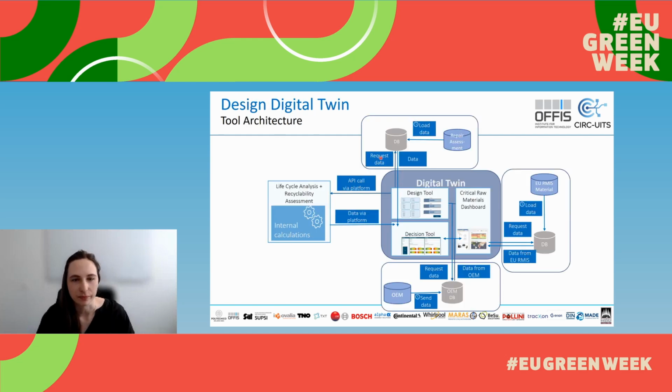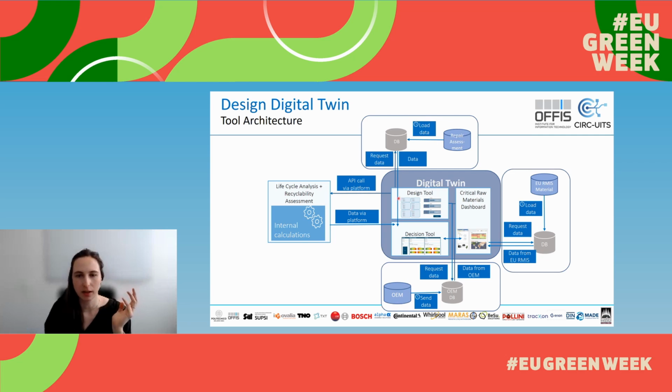Here you can see our tool architecture. It's a big slide, but I don't want to go into detail on everything, just show you the overview of what we did. In the middle we have our digital twin, and since we are in Circ-uits, it is part of the platform that Mattia from TXT explained.